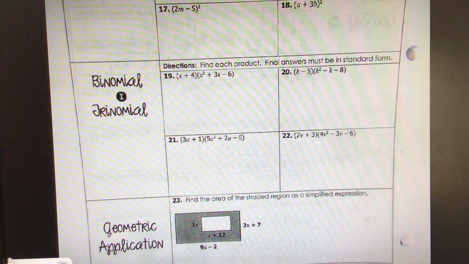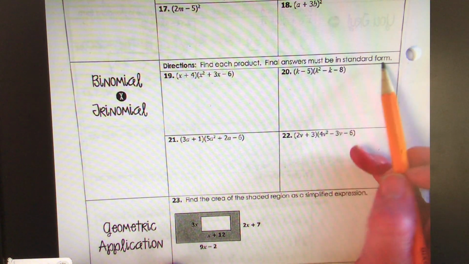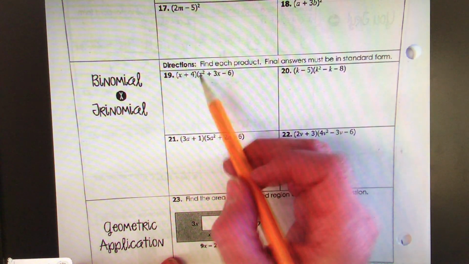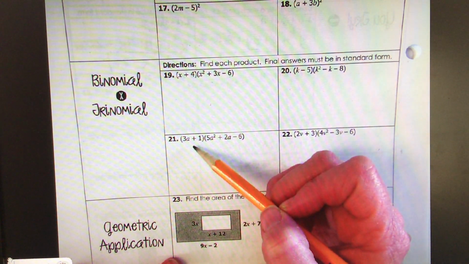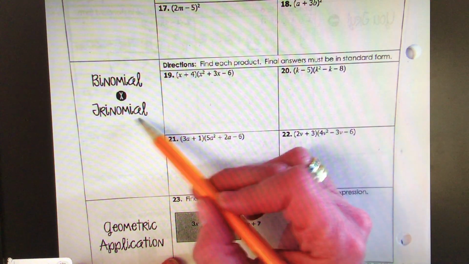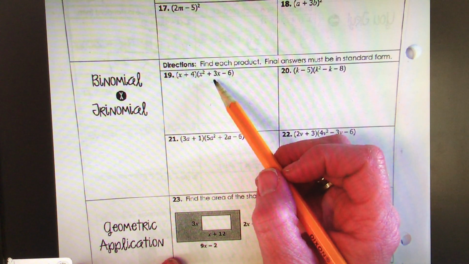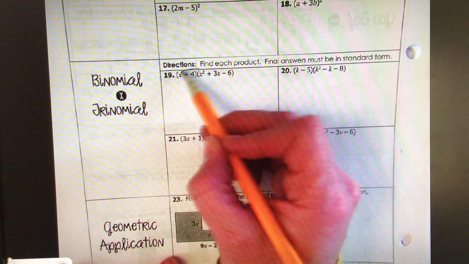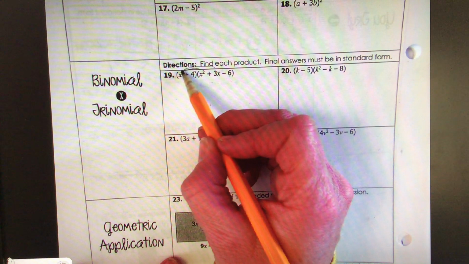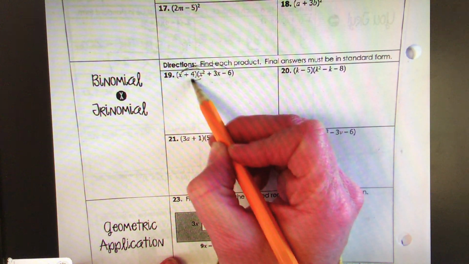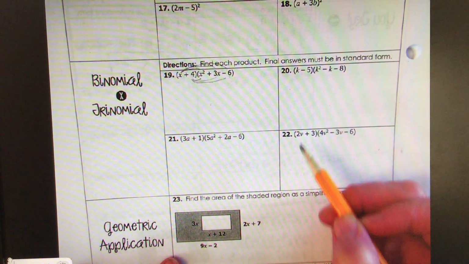So you have to find each product and you have to make sure that they're in standard form. But if you see that we now have a trinomial here, because we have 3 terms, it's going to be a little bit of extra work. So just make sure, just like you foiled last time, you can still foil, but remember you're going to have some extra letters in your acronym.